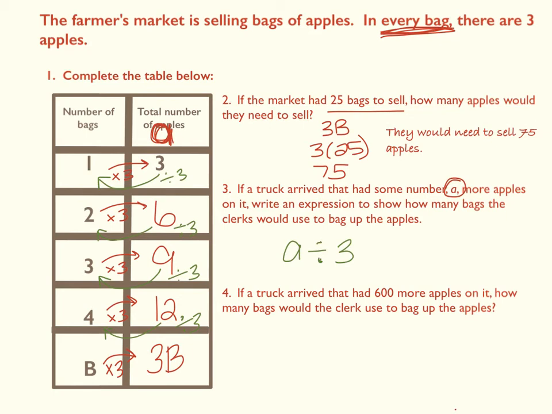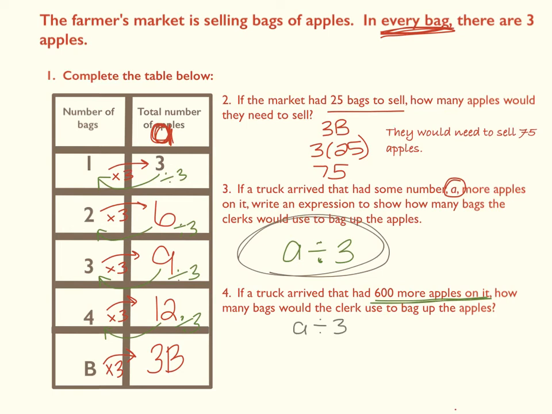Now, last question, if a truck arrived that had 600 apples on it, how many bags would the clerk use to bag up the apples? So I'm going to use this expression that we just came up with. So we're going to rewrite it down here. A divided by 3.